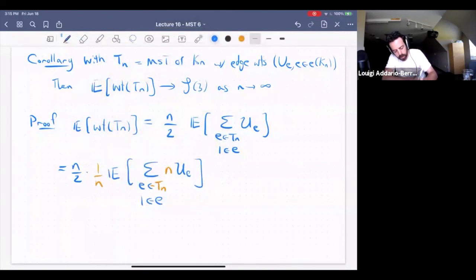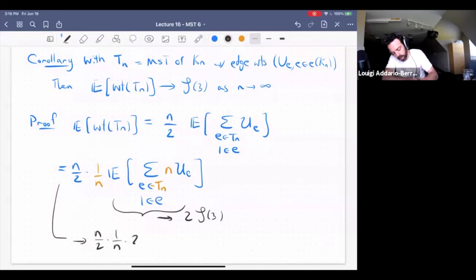Okay, so once we multiply here, then now the fact that the complete graph with these weights converges to the Poisson weighted infinite tree tells me that this expectation converges to the total weight incident to the root in M. So this is converging to 2 zeta 3, and so this whole quantity converges to n over 2 times 1 over n times 2 zeta 3, which is just zeta 3.